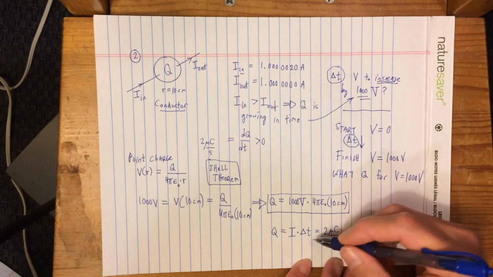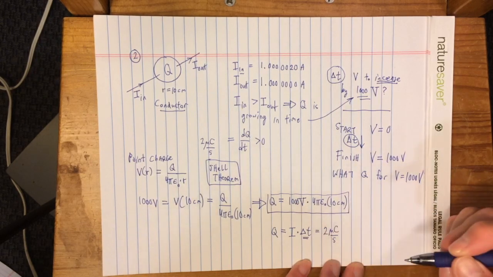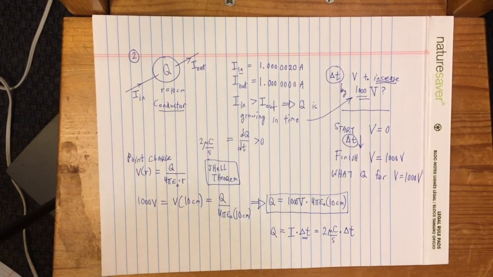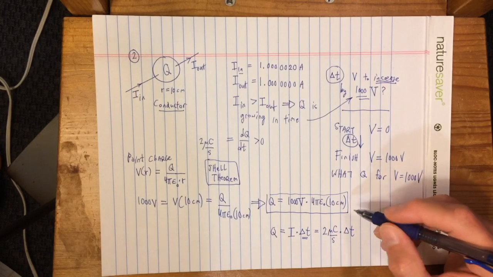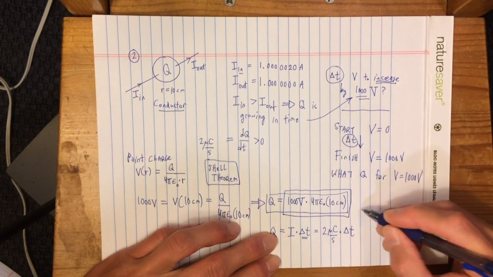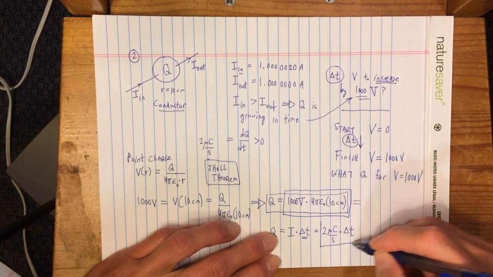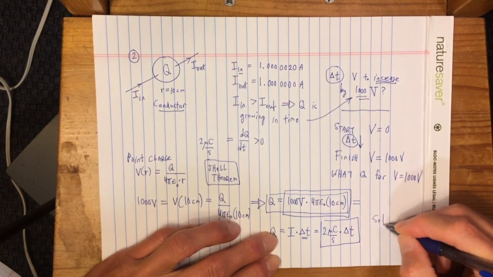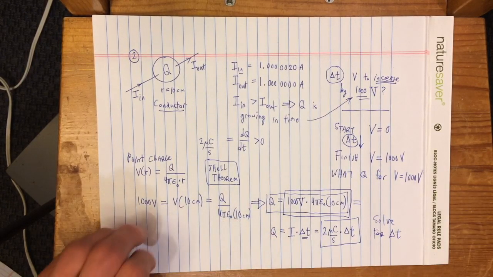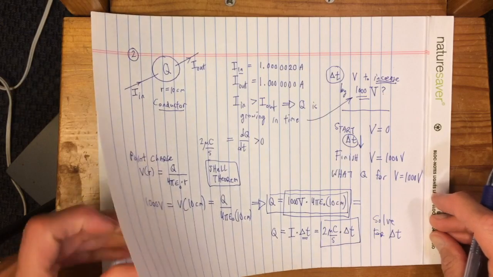So can you see that we have a delta T now? Oops, sorry, it's right here. I've got Q, all of this stuff, and I've got delta T times I is also equal to Q. So I'm going to set this thing equal to this thing and solve for delta T. Let me do that on the next page.